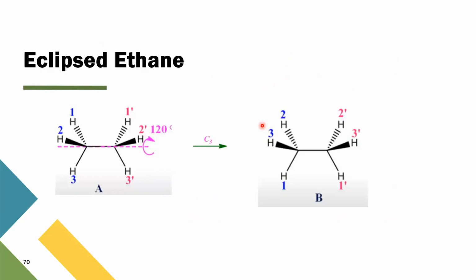Then we have the eclipsed form of ethane. Again here, these two are going inside, these two are coming out, and these two are lying on the plane of the paper. So you do a C3 operation. When you do a C3 operation, what happens? One hydrogen labeled 1 will come here, this 3 will go here and 2 will go here.